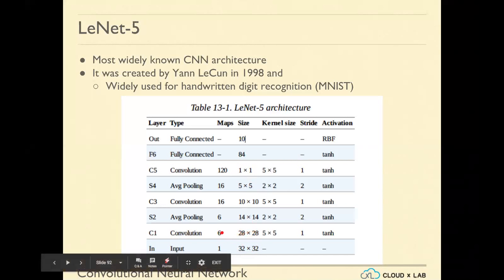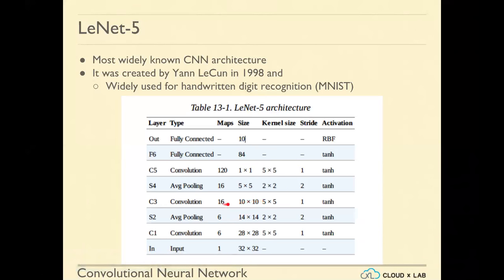You can call those feature maps. The next layer was 14 by 14 with 6 maps, then 10 by 10 with 16 maps, and so on. So here, do you mean how did we convert 5 by 5 into 1 by 1?